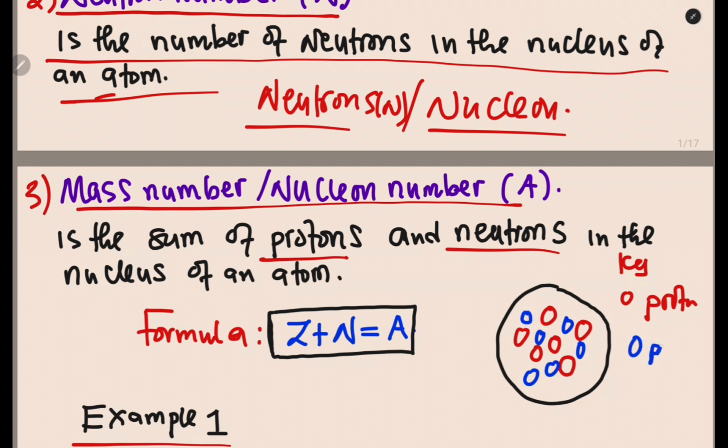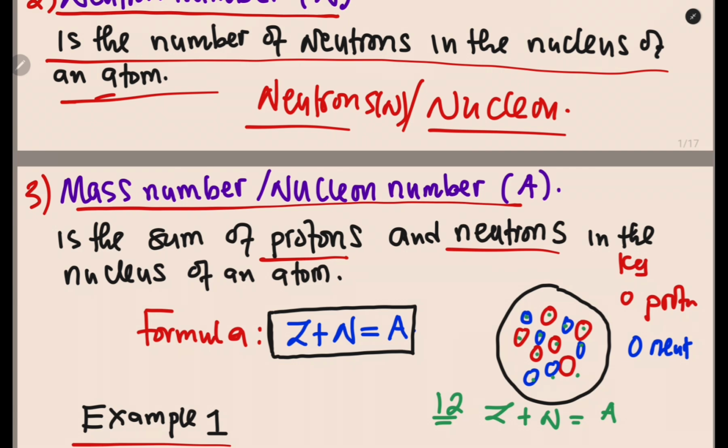If I had been asked to find the mass number of this atom, you just add everything. So 1, 2, 3, 4, 5, 6, 7, 8, 9, 10, 11, 12. So the mass number is what? 12. What have I done? I've added the atomic number plus neutron number, and it has given me the mass number.